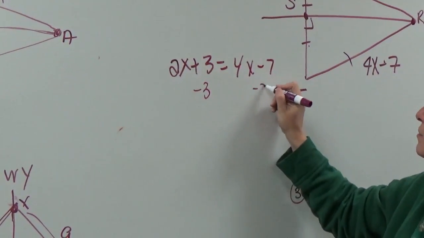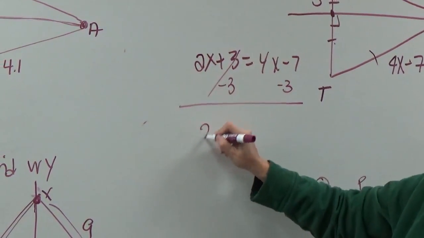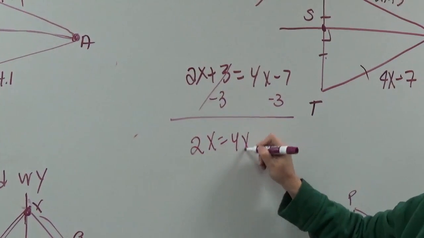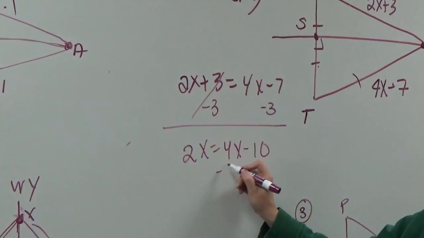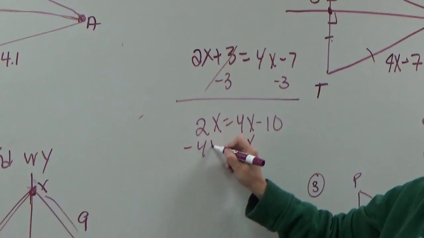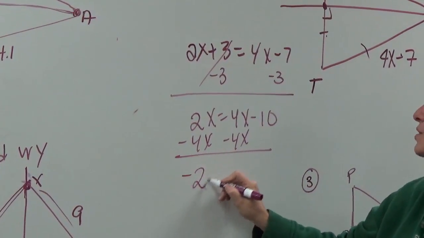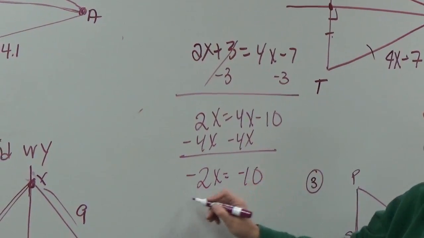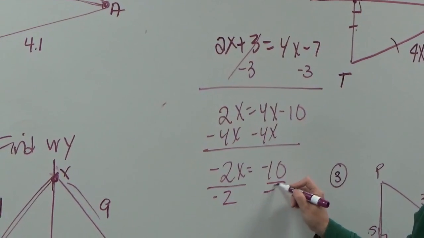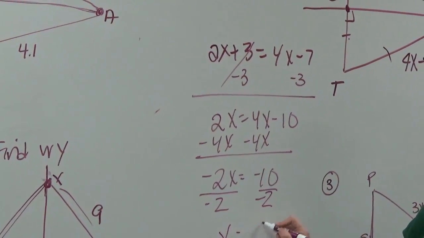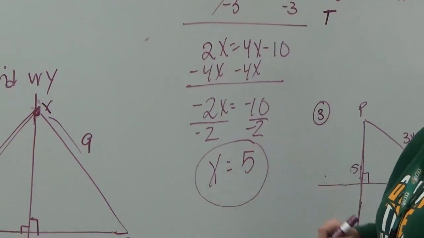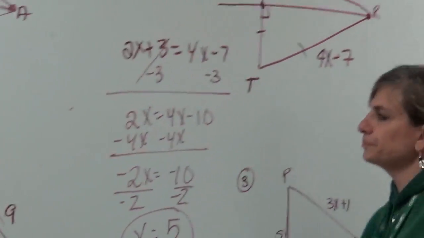So if I subtract 3 from both sides, I get 2x equals 4x minus 10. And then I'm going to subtract 4x from both sides, and I get negative 2x equals negative 10. Divide both by negative 2 to get x alone. X equals 5. So that would be my answer for that one.